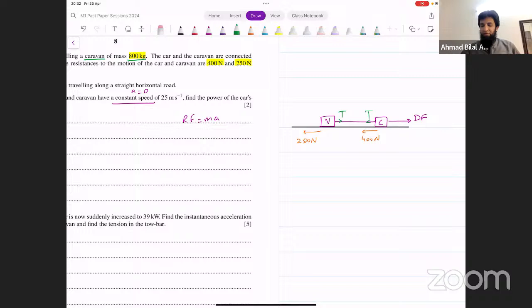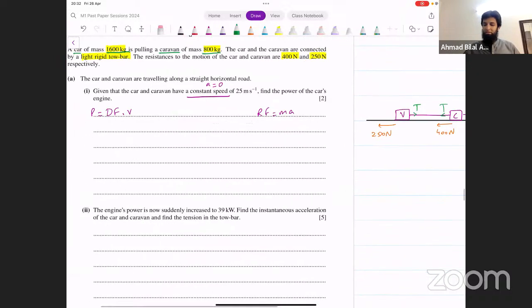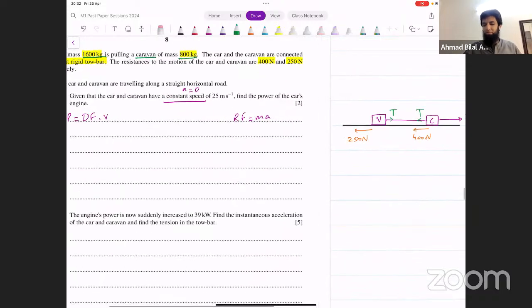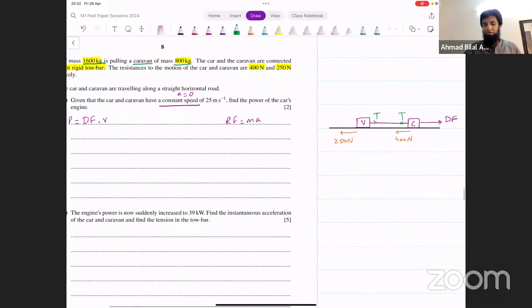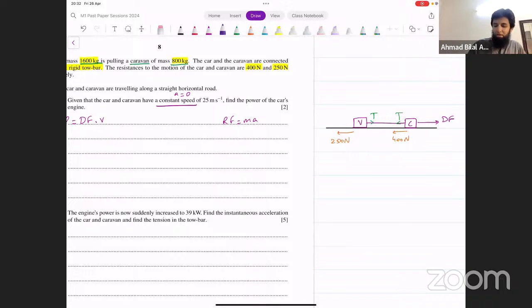Can we find the driving force somehow? Since the whole system is moving at constant velocity, you can either treat it as a whole system or do them individually. That's your choice. Let's do them individually. We've got the caravan and we've got the car. They're both moving to the right. So we can say the right side is positive. For the car, what's the forward force, driving force?